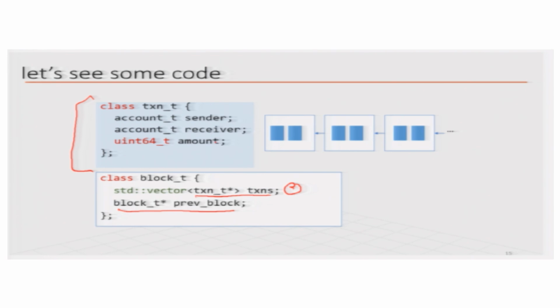So, you will have a vector of transactions, which will be all the transactions that you want to put in the block, and then you have a pointer to the previous block. So, that is how the block is defined, and then the linked list will be a list of blocks, or in this case a list of pointers to the blocks. So, we keep pointers to the blocks, and the blockchain will be a list of blocks. So, that is the concept here.